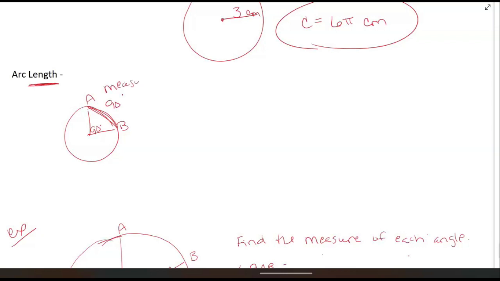This is the measure. Arc length is the central angle, so it's the angle over 360 times the circumference. That's how you find the length of the arc. Okay, and we're going to do a couple of examples like that.